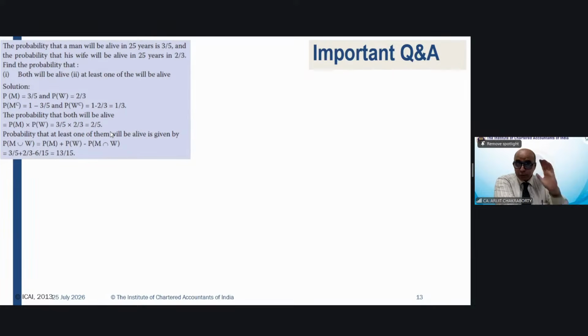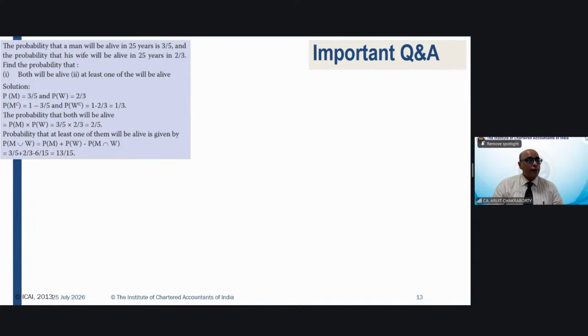Because mathematically speaking, the probability that the wife is alive for the next 25 years is not dependent on whether the husband is alive for the next 25 years. These are independent from the mathematical point of view. So we multiply the individual probabilities and we get 2 by 5. That is the answer to the first question.